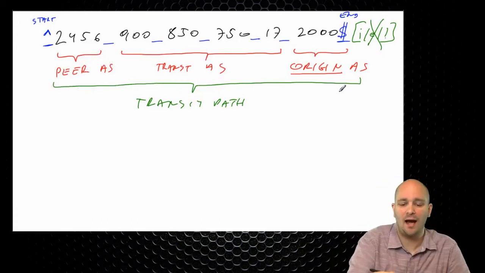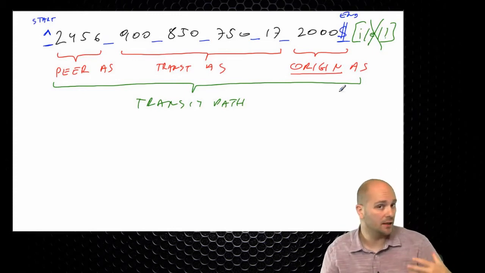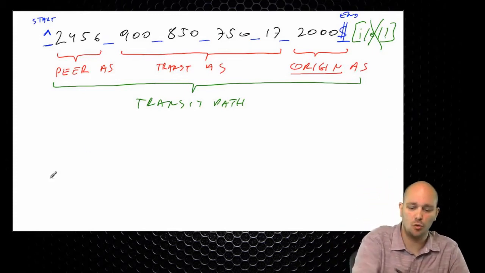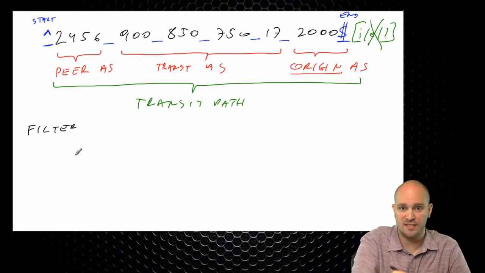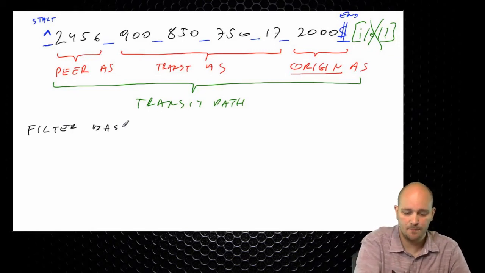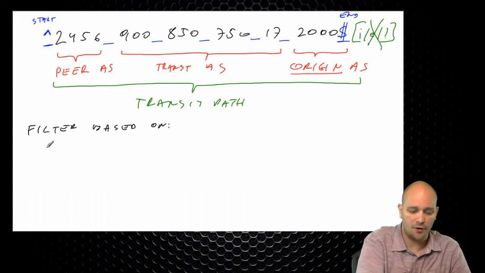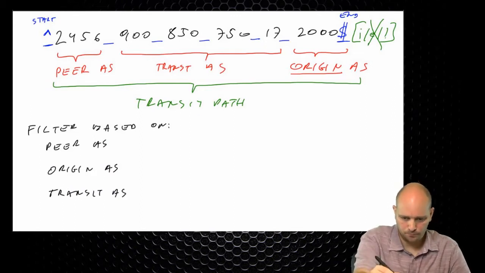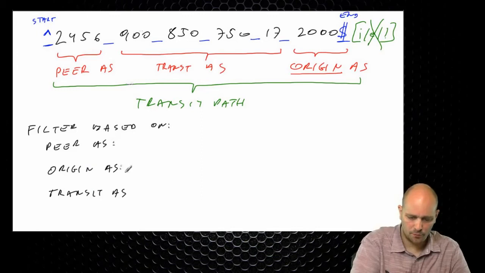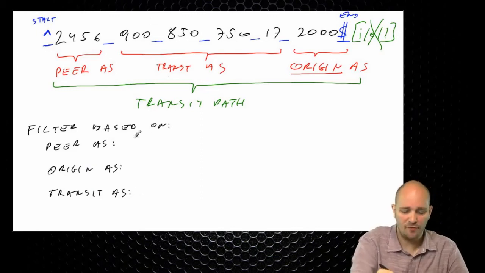So what in the lab you are very, very likely to be asked about is to filter prefixes based on either peer AS, origin AS, or transit AS.